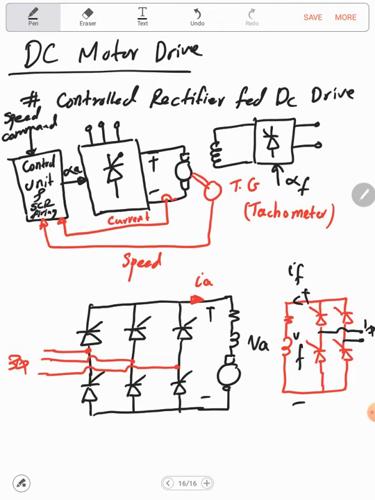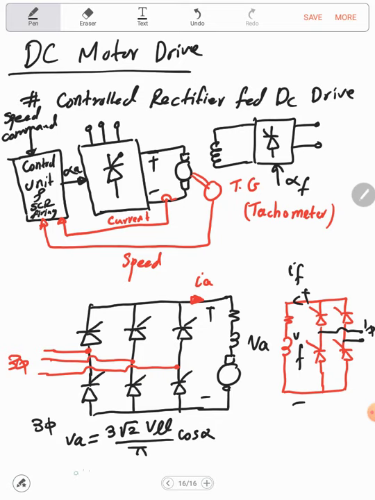Now here, if we derive the relation between the firing angle and between the input voltage and the DC voltage, we will end up with, in the case of the three-phase rectifier, VA equal to 3 square root of 2 V line to line over pi cosine alpha.